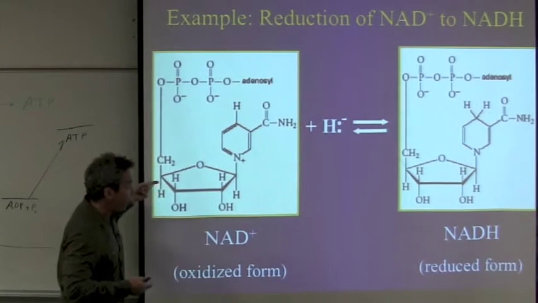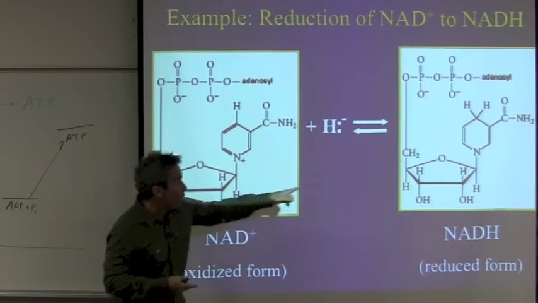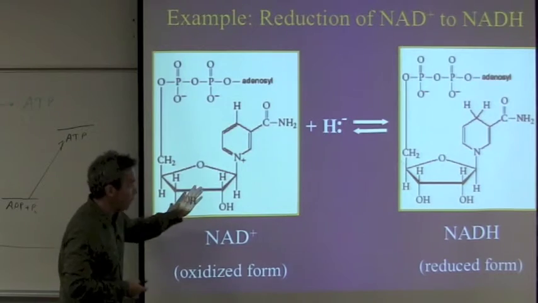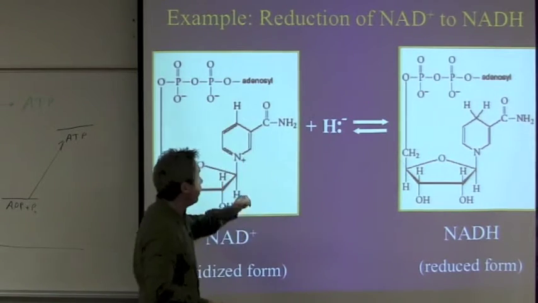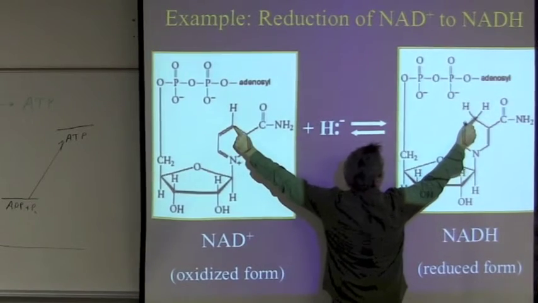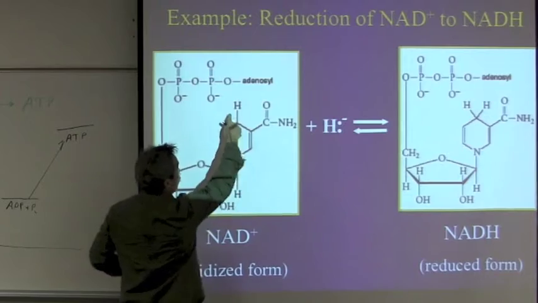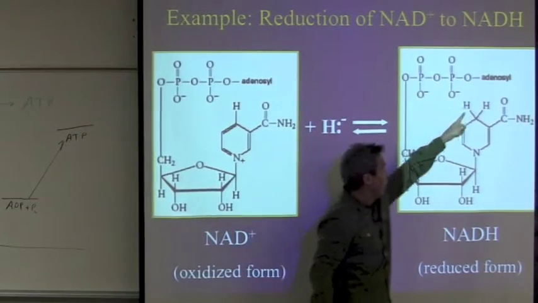Here is an example in this direction. We're starting with the oxidized form of NAD. We're going to reduce NAD, so oxidized form, reduced form. What happens? Look right here and here. Here's where that hydrogen adds. Here there's 1 hydrogen, here there's 2. This hydrogen comes in, those 2 electrons form a covalent bond. That's what we see here.